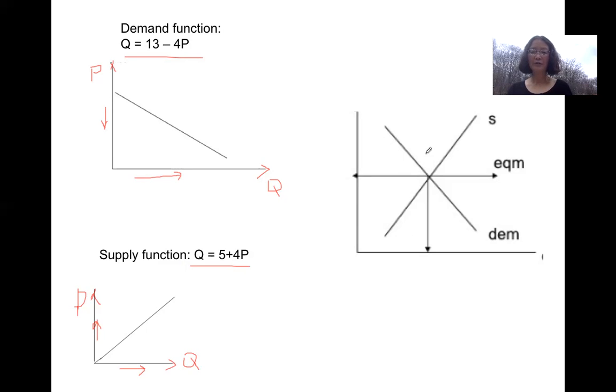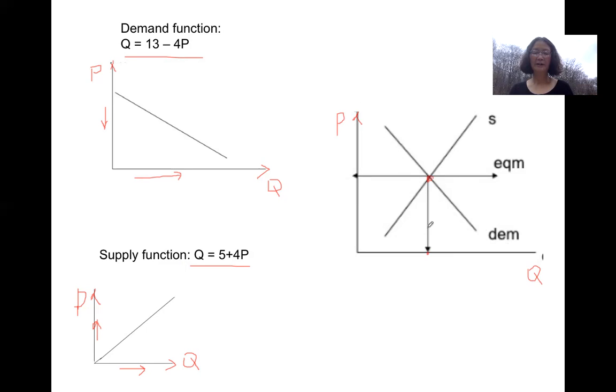When you plot those two functions on one diagram, with price P and quantity Q, these two lines have an intersection point. This point we call equilibrium. Okay, at equilibrium you have a number for the quantity.